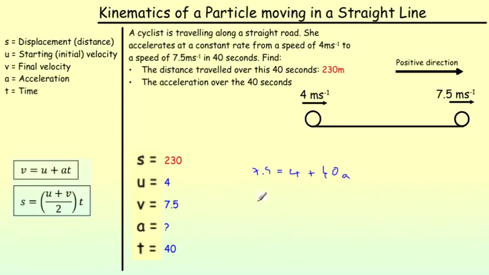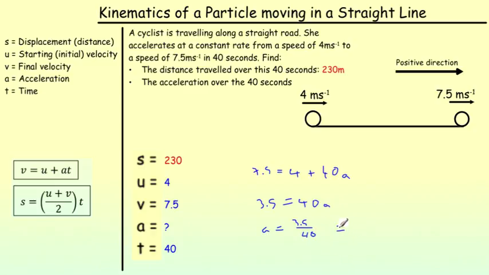So if we subtract 4 from both sides, we get 7.5 minus the 4 is 3.5, and that's equal to our 40a. So then a will be equal to 3.5 divided by 40.